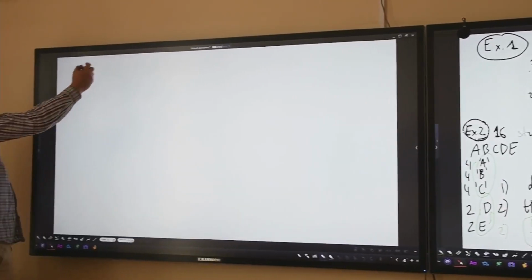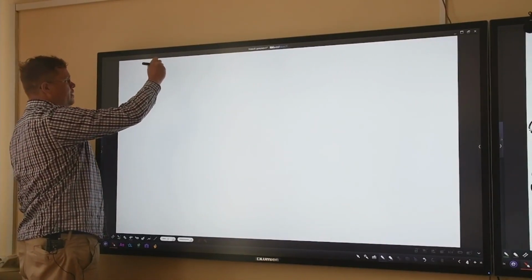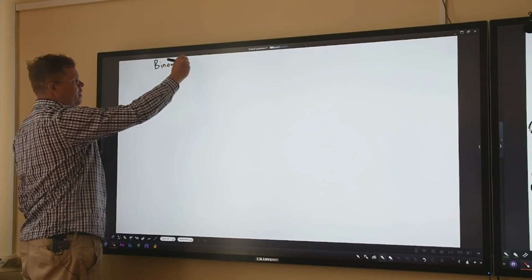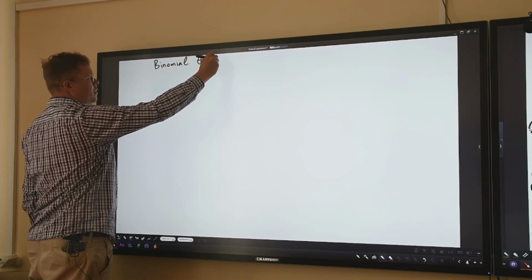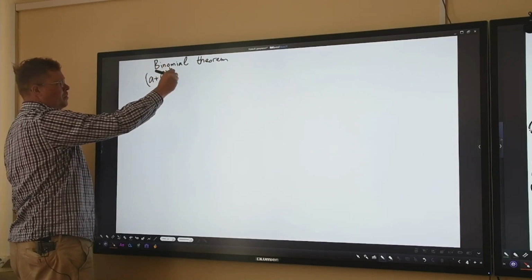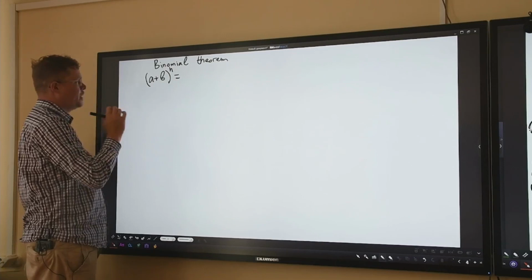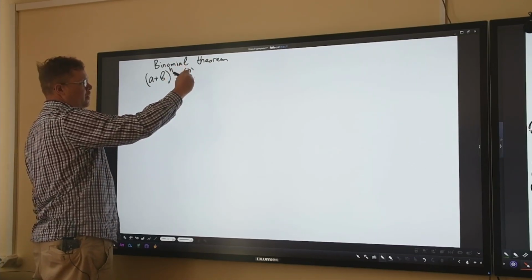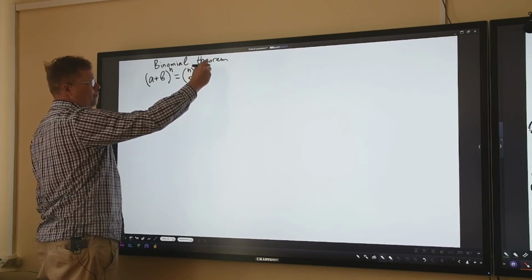So again, we proved already the binomial theorem, which is, if I want to expand a plus b to the nth power, I need to write here the binomial coefficients.